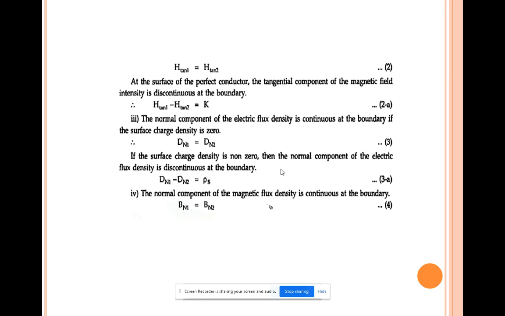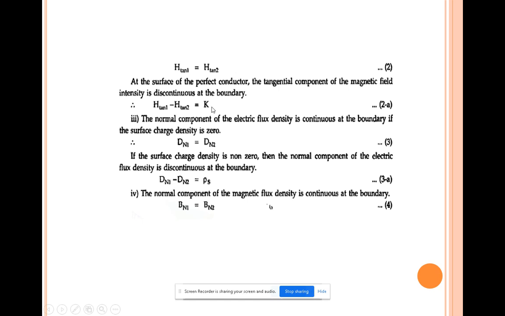But at the perfect conductor surface, the tangential component of magnetic field intensity is discontinuous. Boundary la discontinuous இருக்கும். So you can write H tan 1 minus H tan 2 equal to some value K. இங்க மேல பாத்தீனா H tan 1 equal to H tan 2, இத இந்த சைடு கொண்டு வந்தீனா H tan 1 minus H tan 2 equal to 0 ன்னு தான் இருக்கும்.